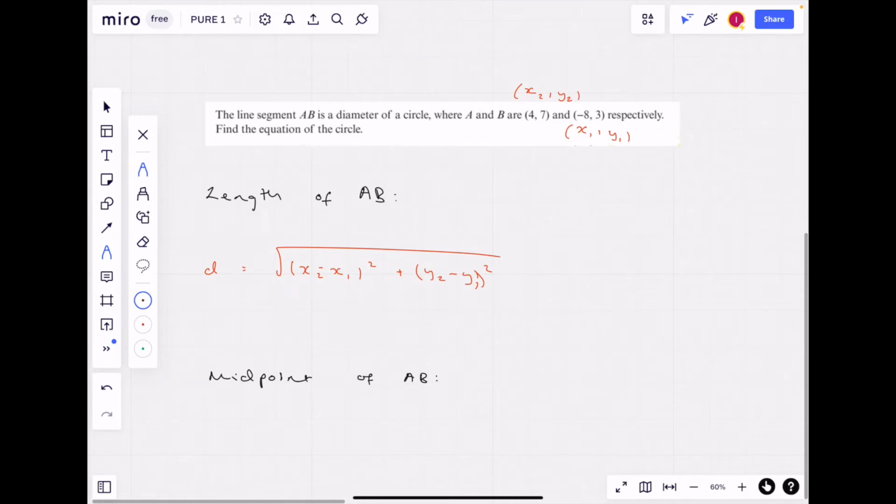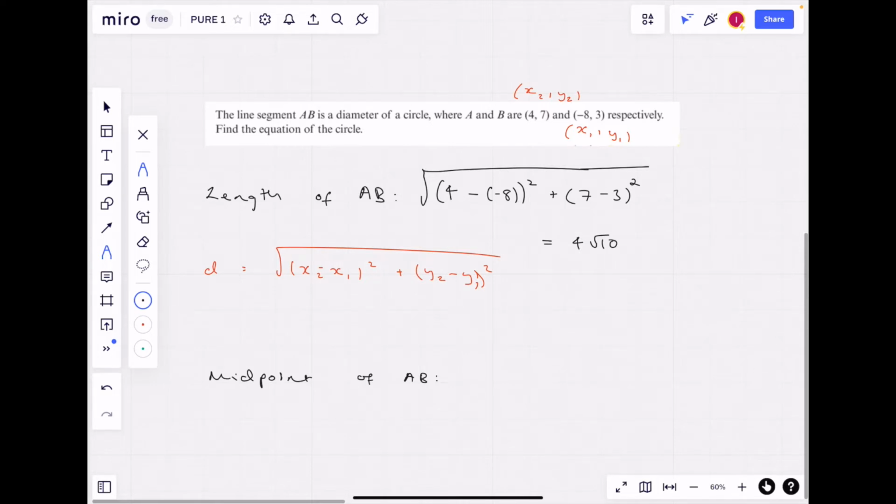When we sub that in, we get (4 minus 8) all squared plus (7 minus 3) all squared. And when you simplify that, you get 4 root 10.